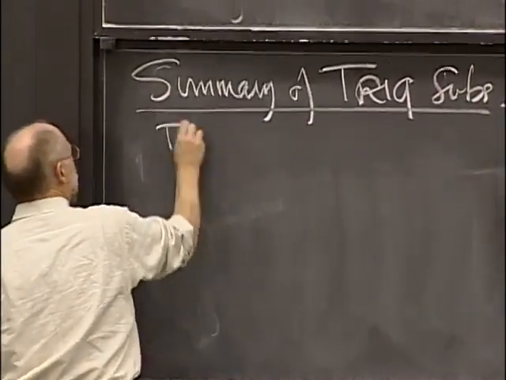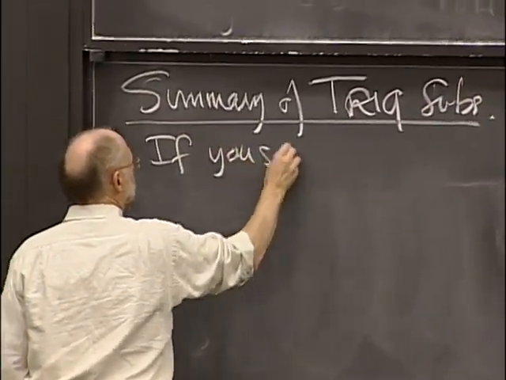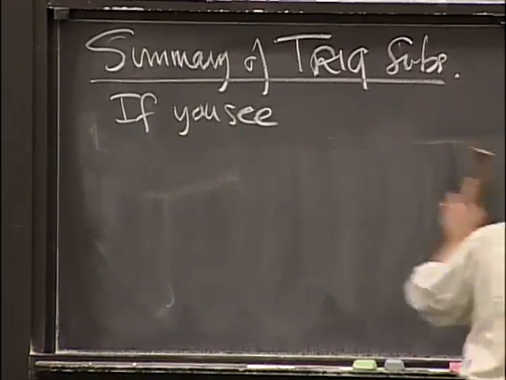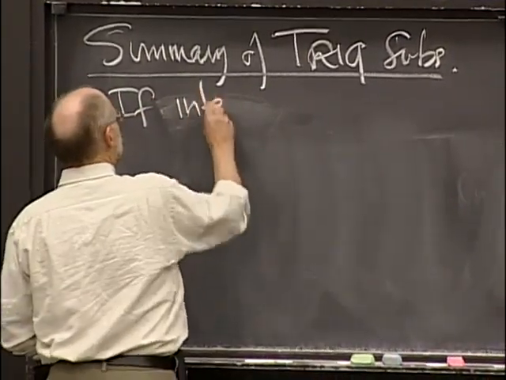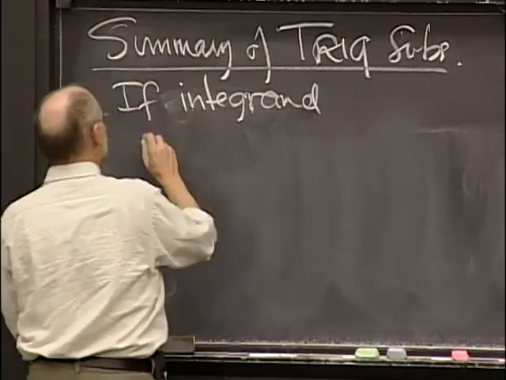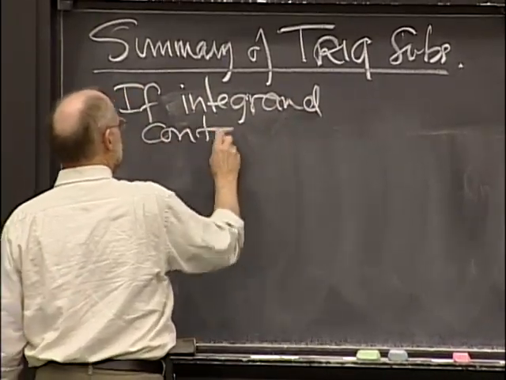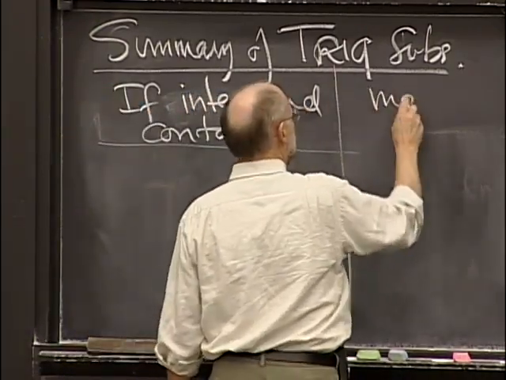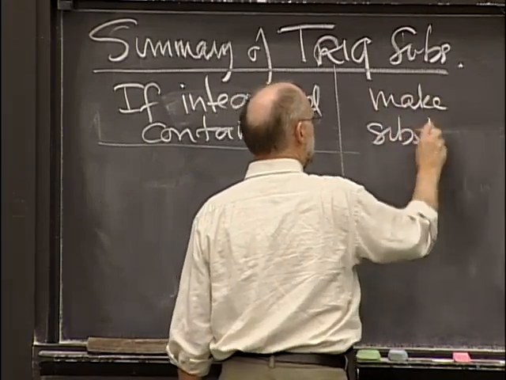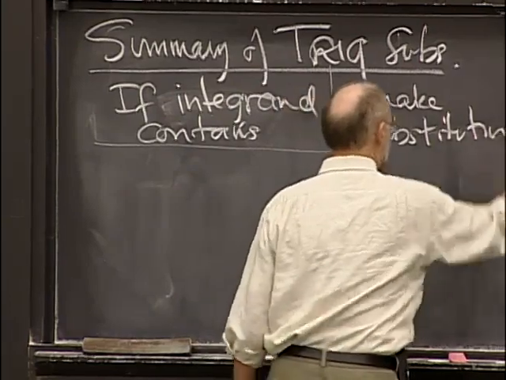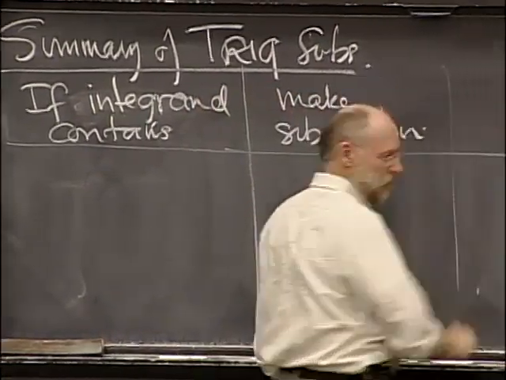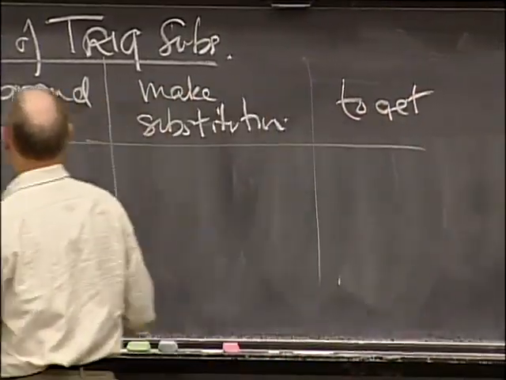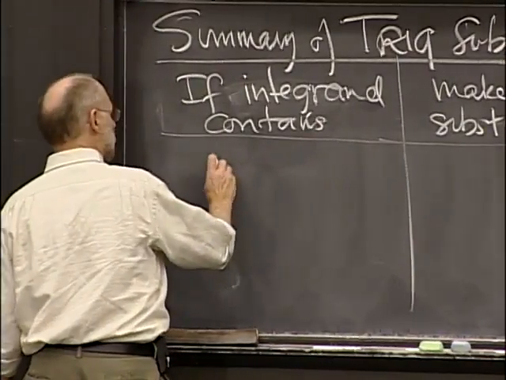So if your integrand contains, I'll write these things out as square roots, make the substitution to get.